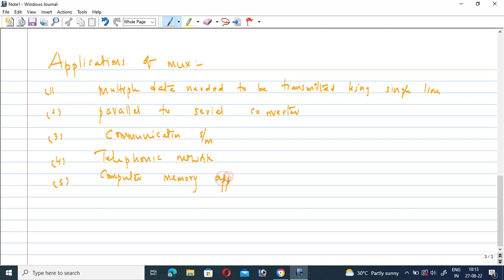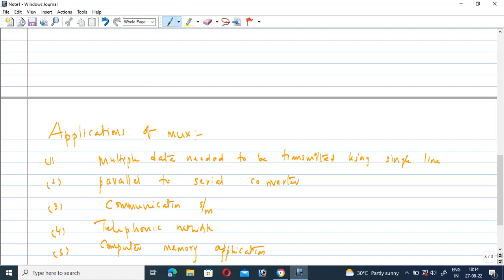It is also used for operation sequencing, that is nothing but controlling the operation sequencing, and it is also used for logic function generation. Okay, these are the different applications of the multiplexer.